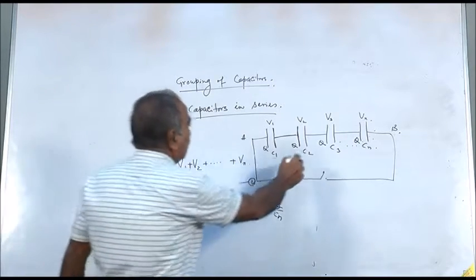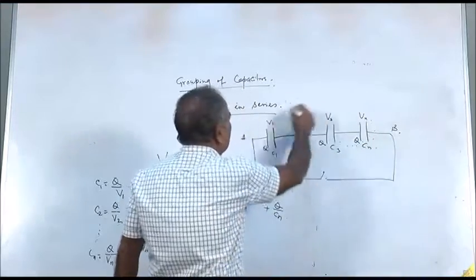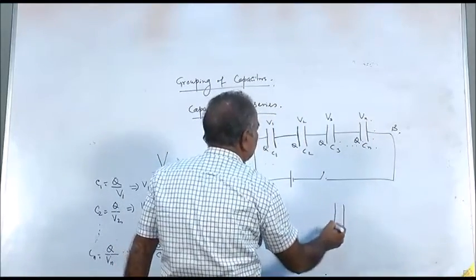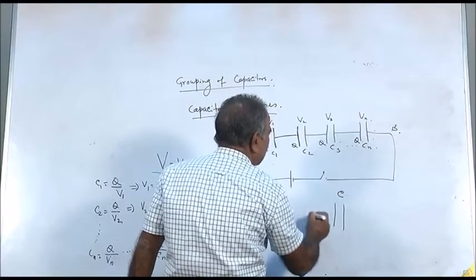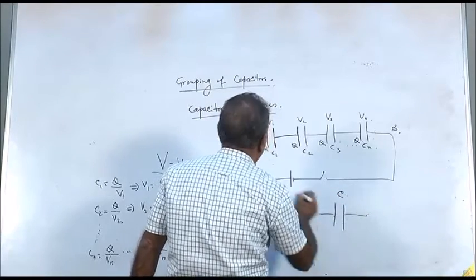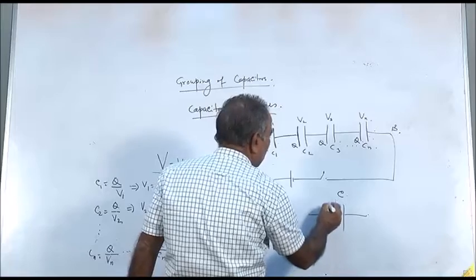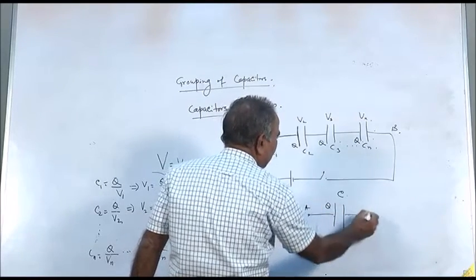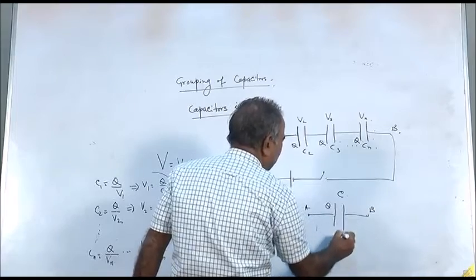So if all the capacitors are equal to a single capacitor of capacity C, the charge developed here is Q and the potential developed between the 2 points A and B is equal to V.